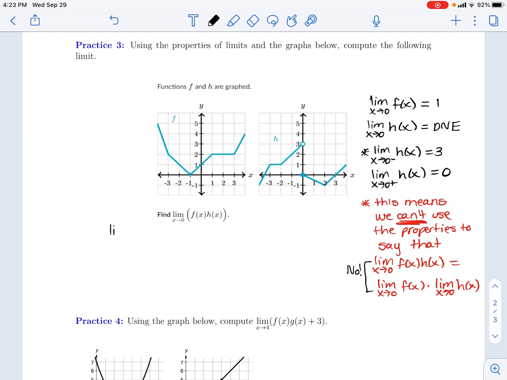Okay, so here I'm going to say that the limit as x approaches 0 from the left of f of x times h of x is equal to the limit as x approaches 0 from the left of f of x times the limit as x approaches 0 from the left of h of x.